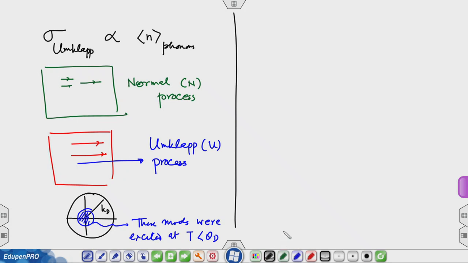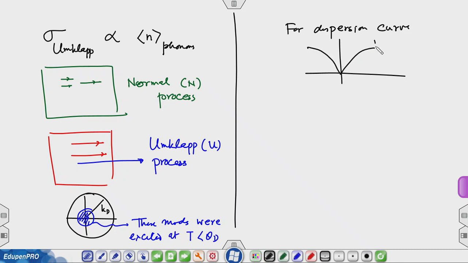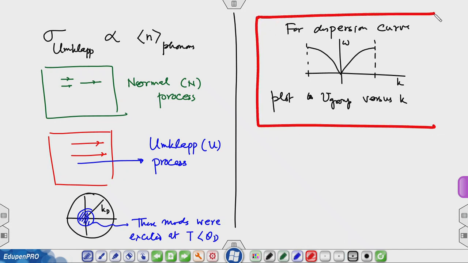First question I ask you is, for dispersion curve omega k, plot V group versus k. And see that on the left hand side of the origin, it is indeed negative.